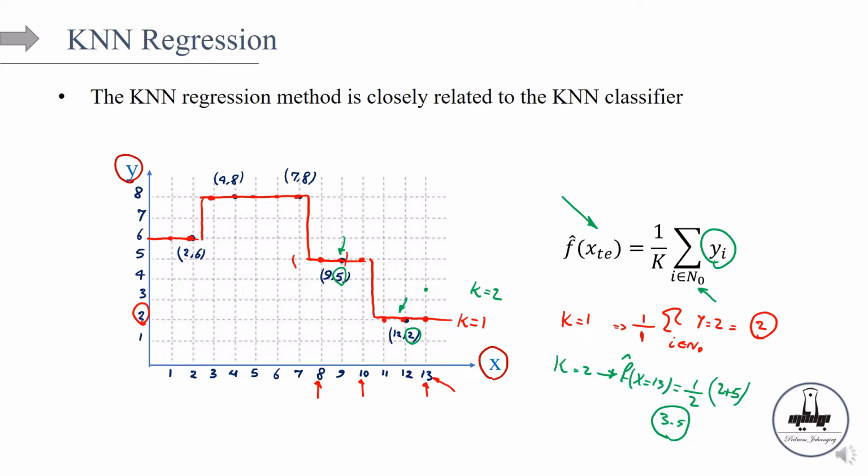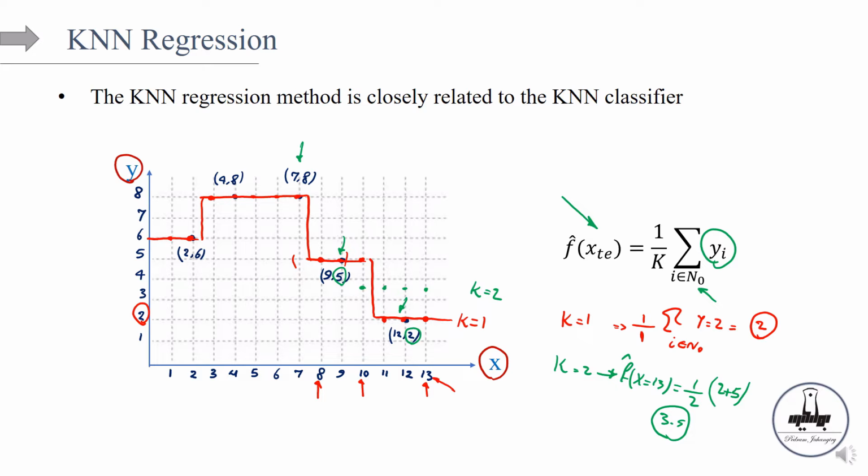If x is equal to 12, the same story. For 11, the same story. For, let's say, 10, you're still here. And then when x is equal to 9, the closest neighbors are going to be, so this observation, the distance is 2 from left.